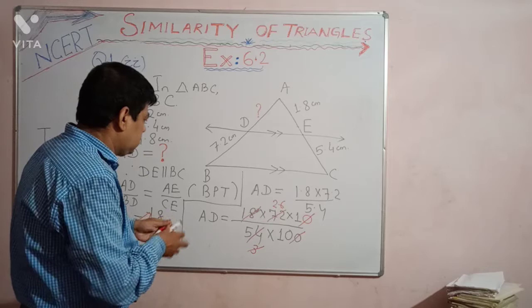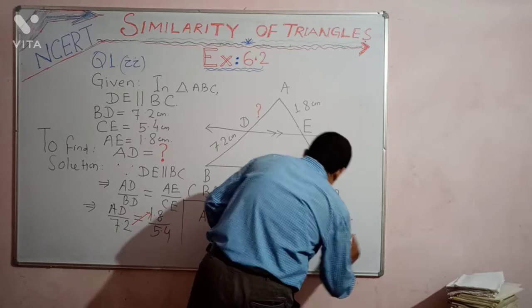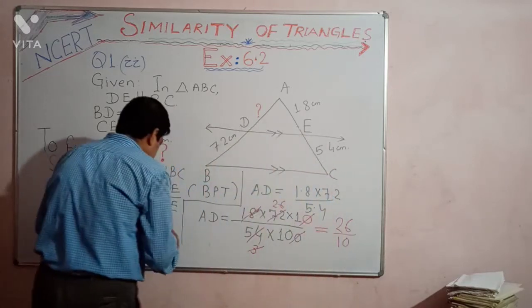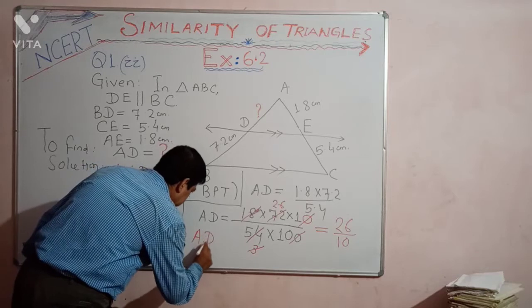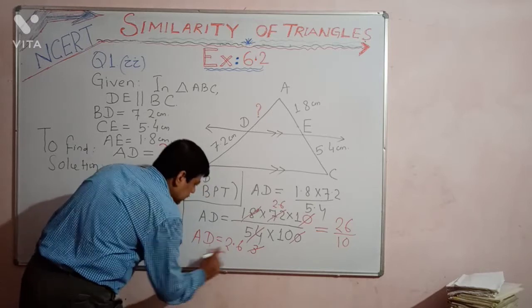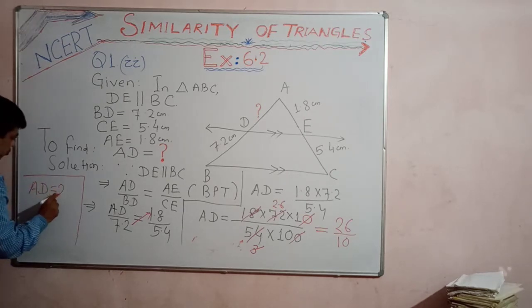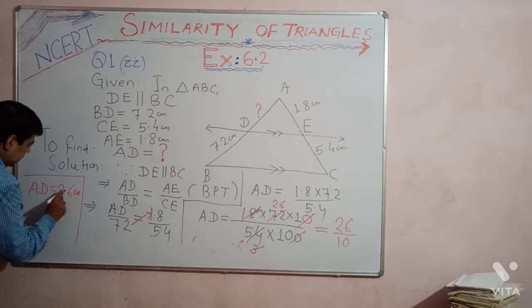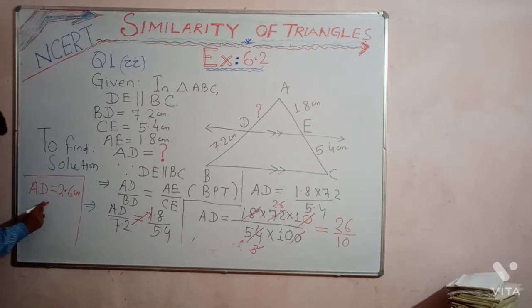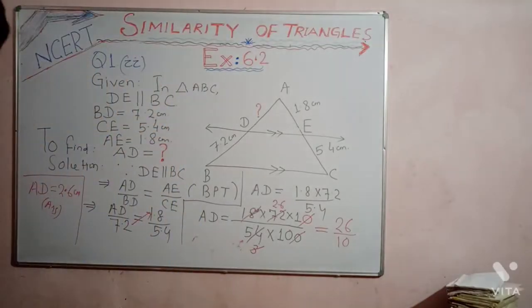After that the remaining term is 26 by 10, and hence we got AD is equal to 2.6 centimeter. This is the answer. Is it clear, students? This is the required value, and the length of AD we got.